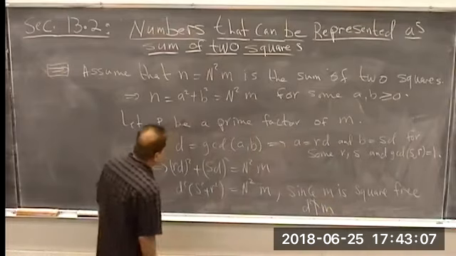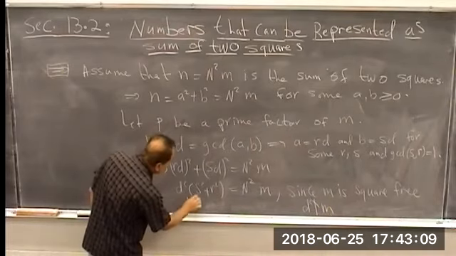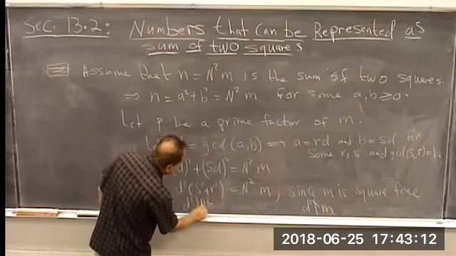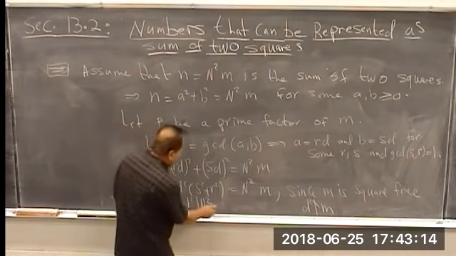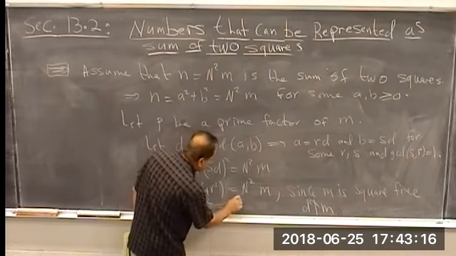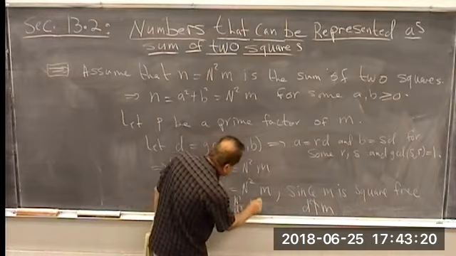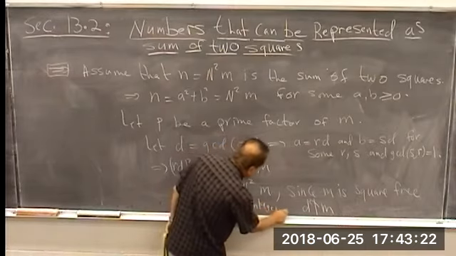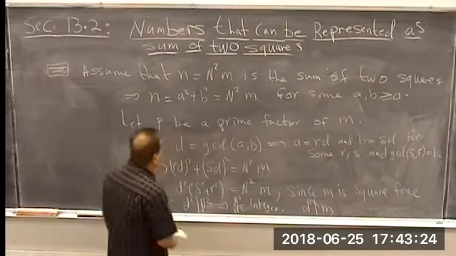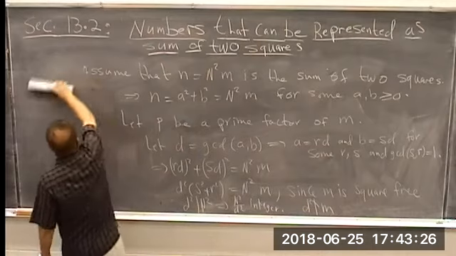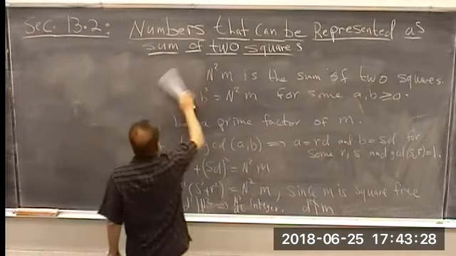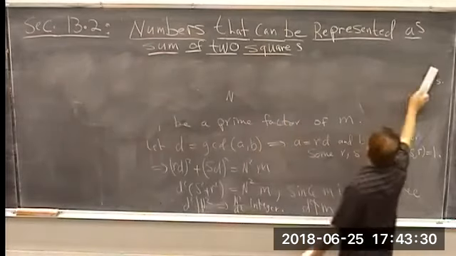So it must divide n squared. In other words, n squared over d squared becomes an integer. All right, well, let's see what we can get out of this.